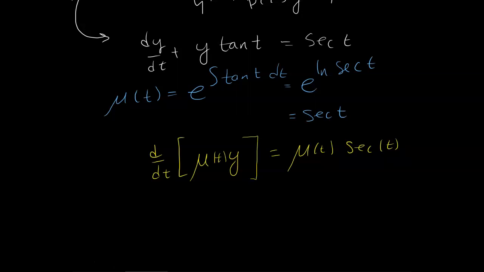Mu, we found that, was itself also secant of t, so maybe I'll color code that. So secant of t there, and likewise, this other mu is also secant of t. So the right-hand side then simplifies simply to secant squared.